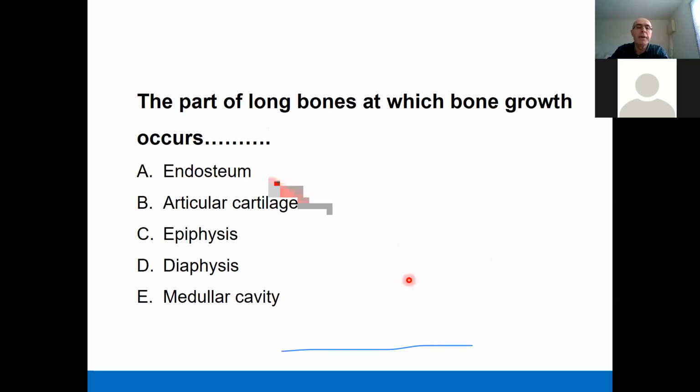Okay, good. And here the second question: the part of long bones at which bone growth occurs. These are the parts of the long bones: endosteum, articular cartilage, epiphysis, diaphysis, and medullary cavity. At which part of the bone does growth occur?